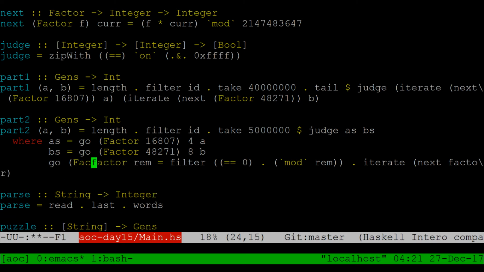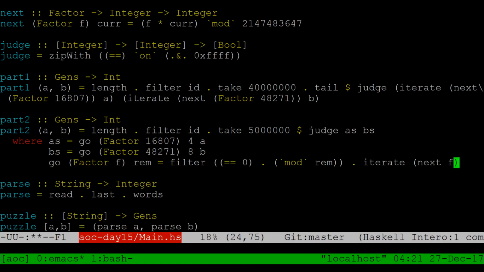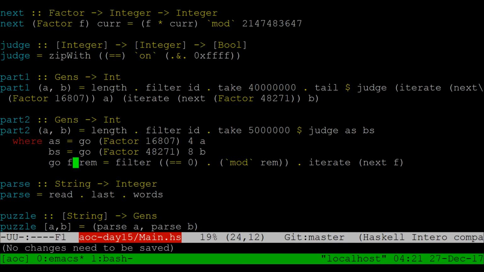And we can destructure it here. Factor f, next f. We shouldn't destructure it here because next wants a factor, not just a bare integer. And so suppose that I mixed it up here. I did this.